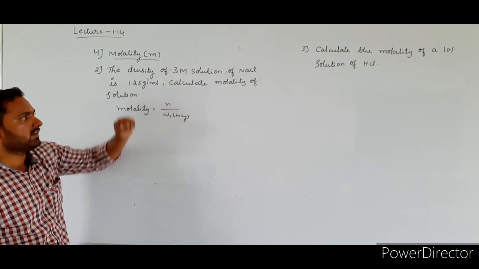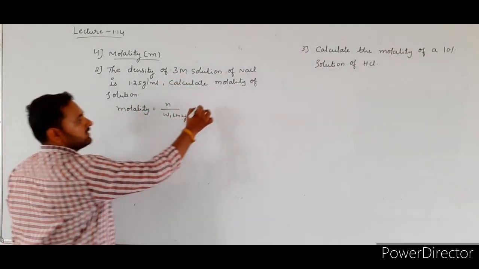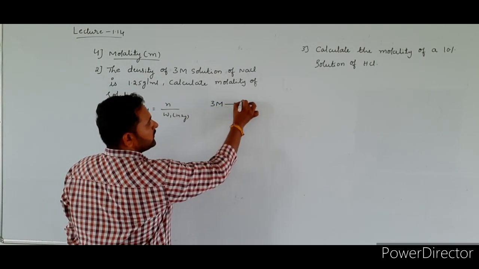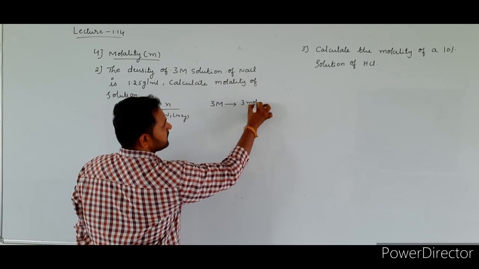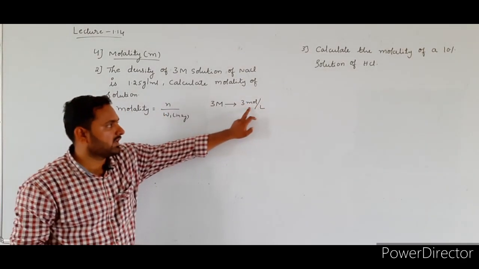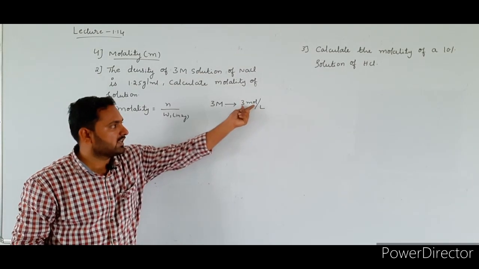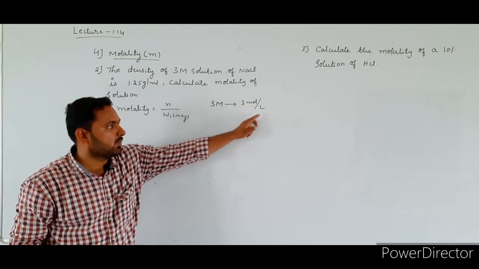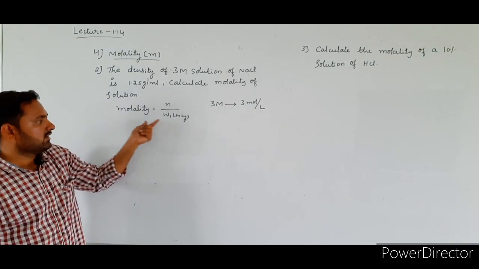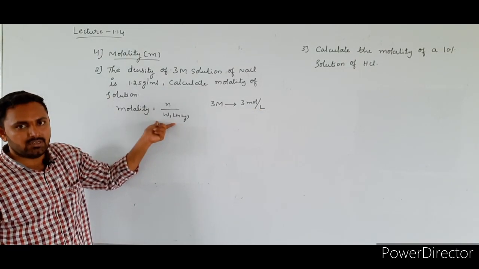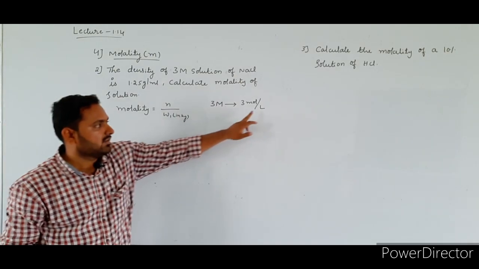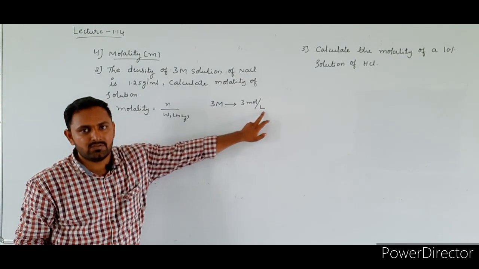No. Instead of that, he has given 3 molarity. 3 molarity means 3 moles per liter. How many moles are given? 3 moles. And what is the volume of solution? 1 liter. But according to the molality equation, we need mass of solvent. But here he has given volume of solution.